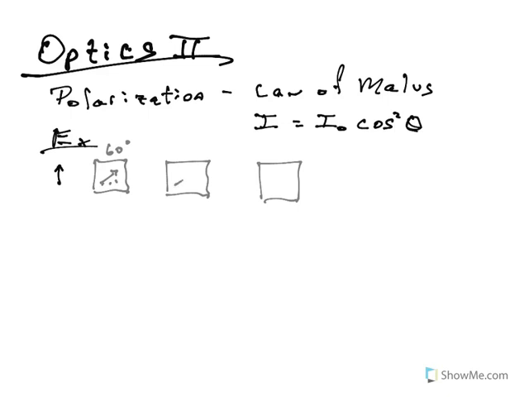Then the second one is at 45 degrees. And the last one is at 60 degrees again. So that's our system. Light initially polarized upwards, so its initial polarization is at 90 degrees. And I'm going to try to send that light first through a polarizer which is at 60 degrees.